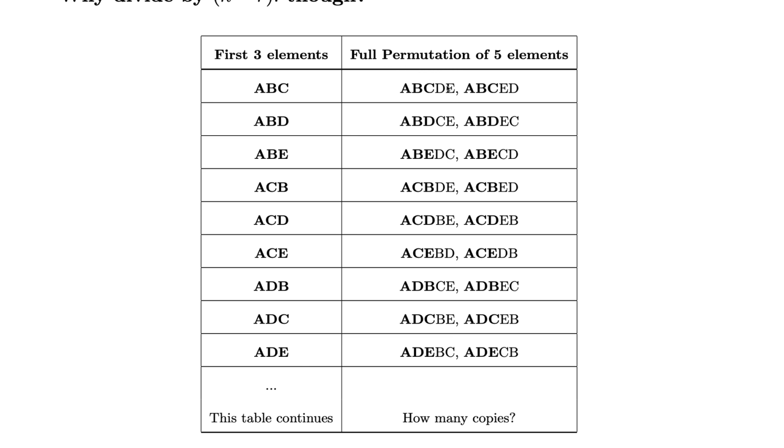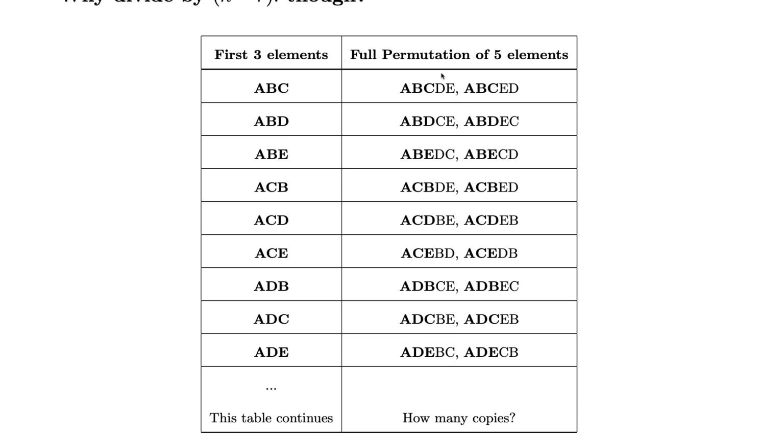Let's arrange all 5, and then we'll just cut off the extra 2 letters at the end. Well, we can see that this table continues on, not forever. There's 120 elements if we just do a full permutation of 5 elements. 5 factorial is 120. So there will be 120 different arrangements of 5 elements.